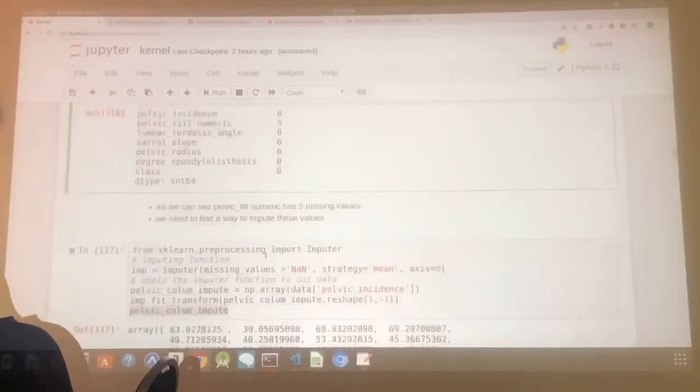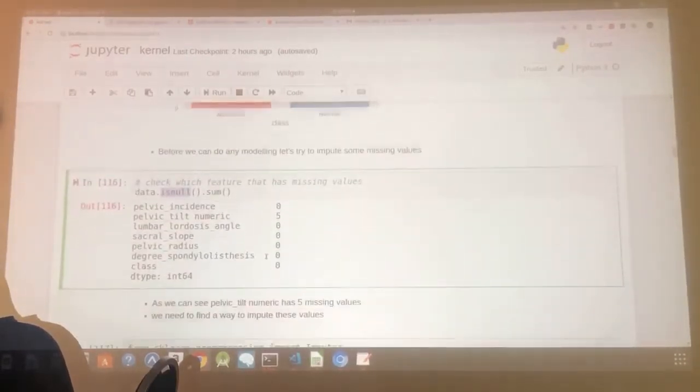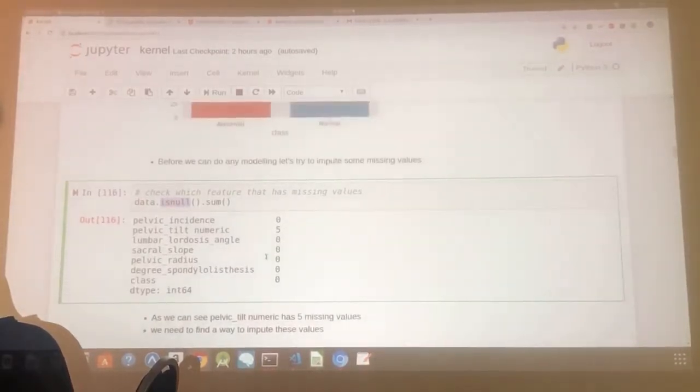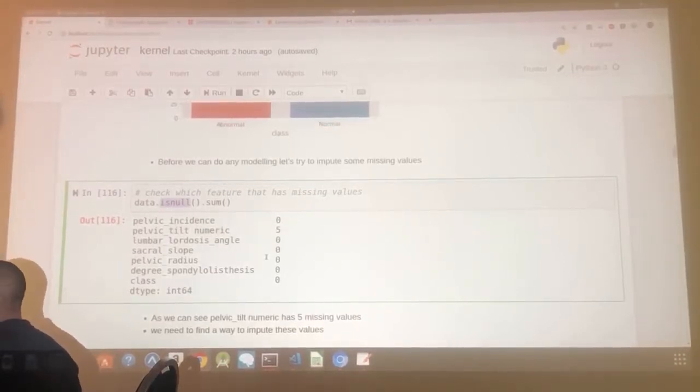Now, maybe I should ask you a question. How do we fill in missing values here? Let's ask someone. It's a numerical value. How do we fill? A mean. Why? She's saying we should use a mean. I'd argue for a median or something more complex.